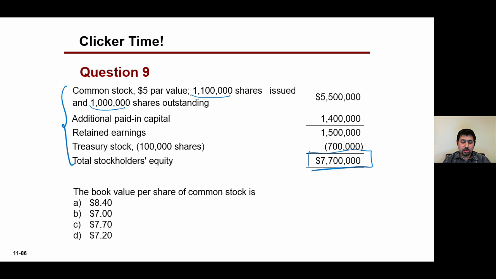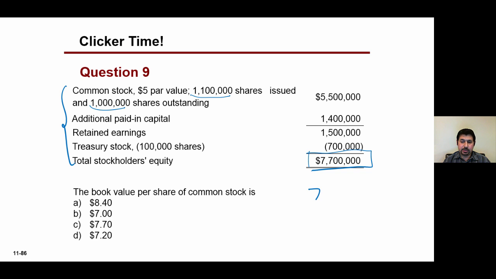In this case, we don't have a preferred stock, so we don't need to subtract the preferred stock equity from the total stockholders' equity. Here we can use total stockholders' equity divided by the total number of outstanding shares.